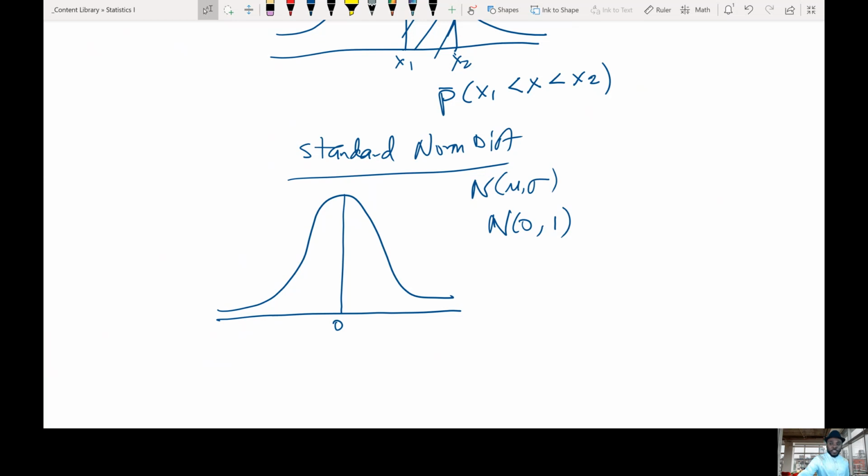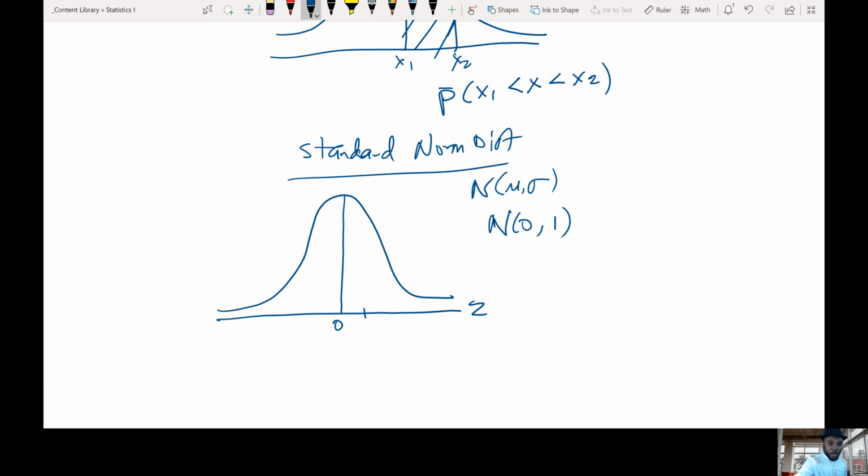Now, our horizontal axis is no more the x-axis, but it's now a z-axis. So sometimes we call this a z distribution. So these values are the z values. And remember, we said the z-score computes the number of standard deviations a data point is from the mean. So these are the z values that measure the number of standard deviations a point is from the mean.